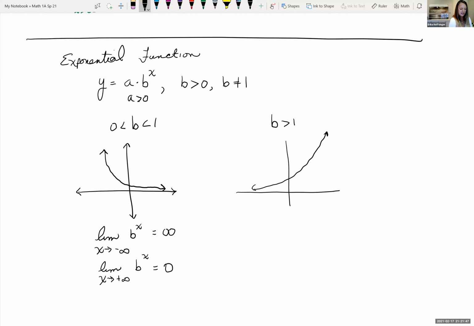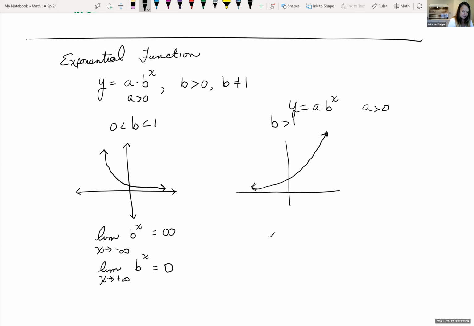Okay, so now looking at y equals b to the x or a times b to the x, where b is greater than 1, and again a is greater than 0. If we looked at the graph of this function, this is the normal shape of what it looks like, it might be growing steeper depending on what your base is. But this is the general shape.